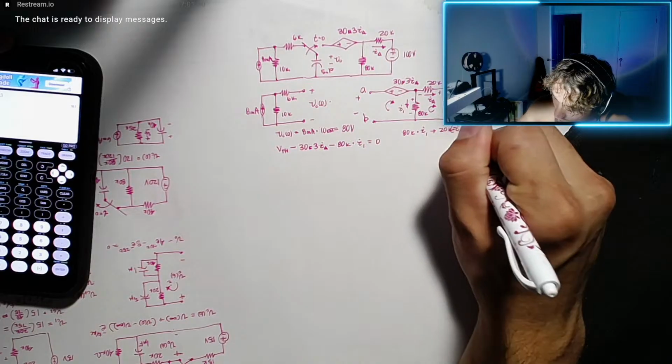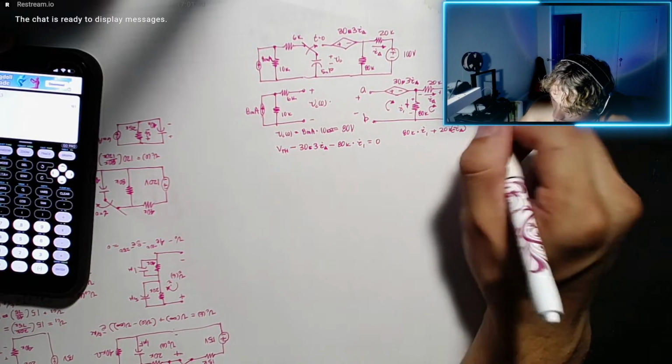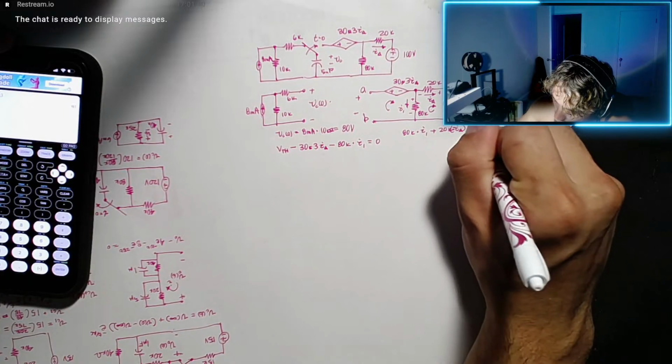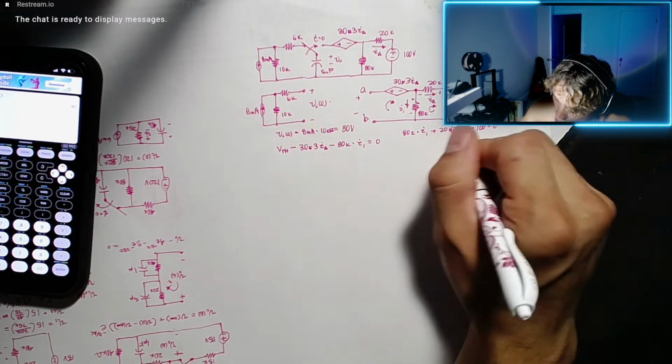We'll call it negative I delta. 20k times negative I delta minus 100 equals 0.